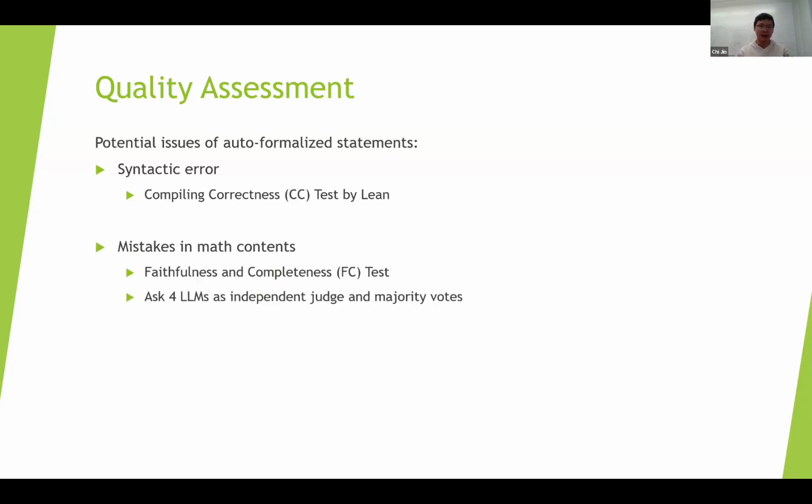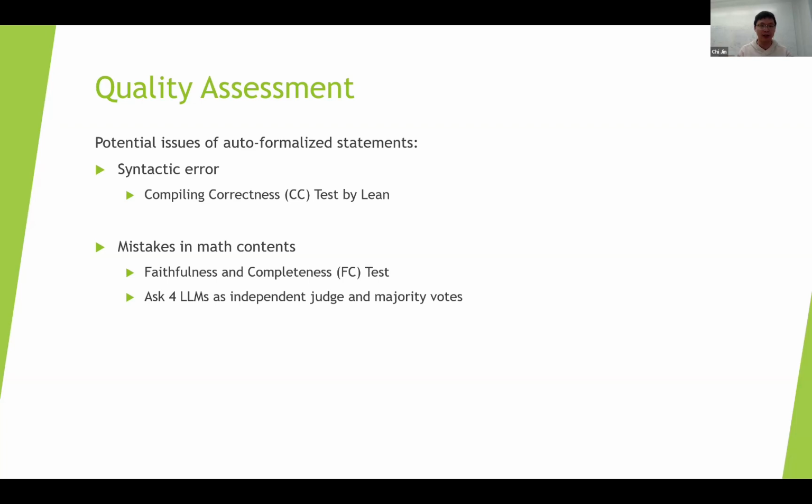The second issue is that even if it passes the grammar check, it might translate to a completely different problem than the original. For example, the formal problem might be missing some conditions, or eventually the question is just different. At the university, we don't have the human resources to check all the statements by hand.